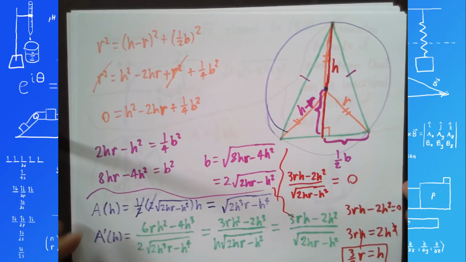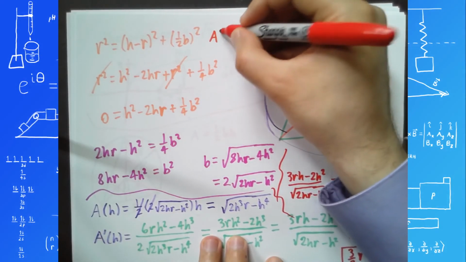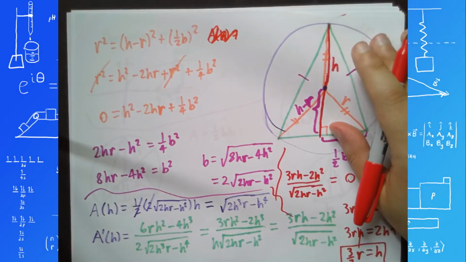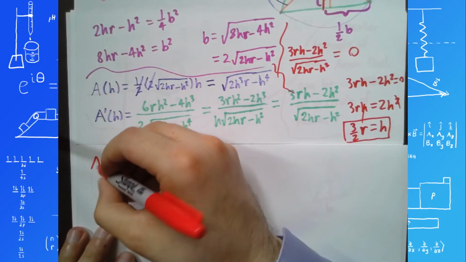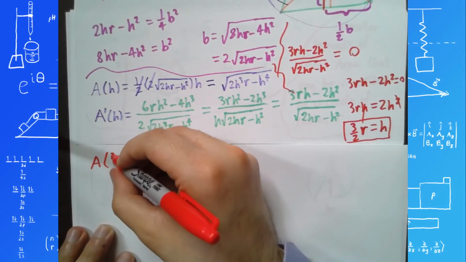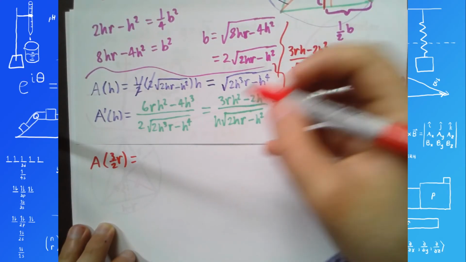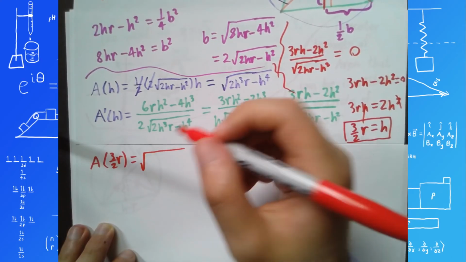So let's see what that maximum area would be. Well, I guess you could just plug it in. Plug it into A of h. Let's do this on a new sheet. It's getting too crowded here. So A of h, specifically A of 3/2 r, would be, I'm just going to use that simplified square root over there.